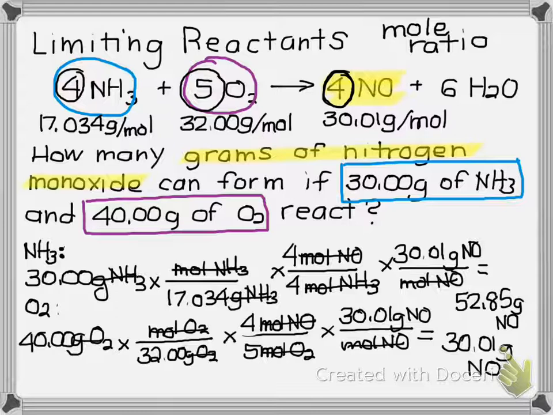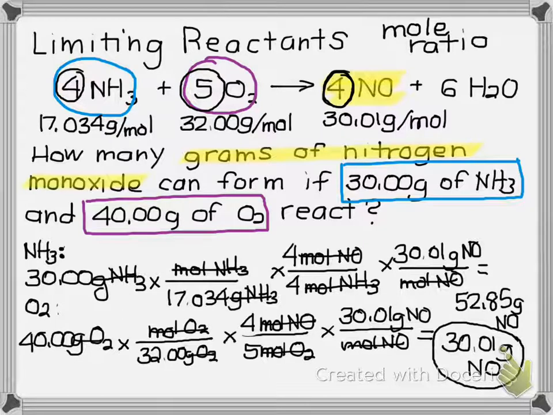30 grams of ammonia makes 52 grams, or almost 53 grams of NO. 40 grams of oxygen makes 30 grams of NO. Now the question says how many grams? What you will always do when you set it up this way is you will pick the amount that makes the smallest.